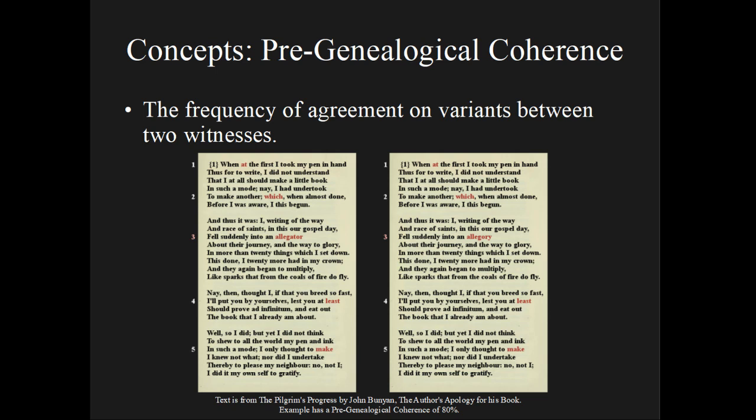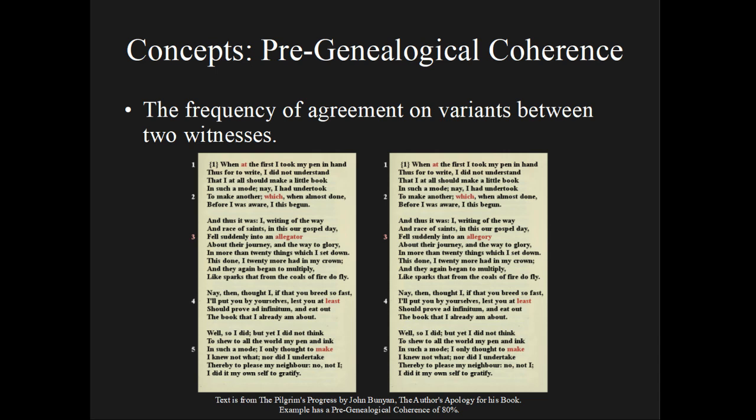So here I have just an example that I took from John Bunyan's The Pilgrim's Progress. I know that this isn't a place for text critical work, but it just helps us English speakers to understand what's going on. We have two texts, and the red words are places where I'm going to say there is normal variation, where some manuscripts say this, some say that.